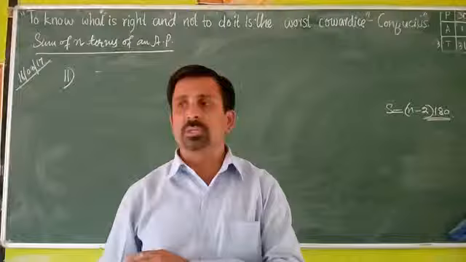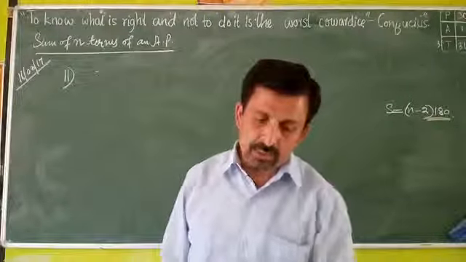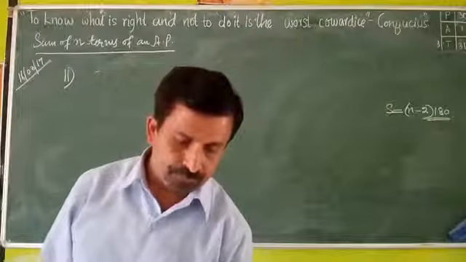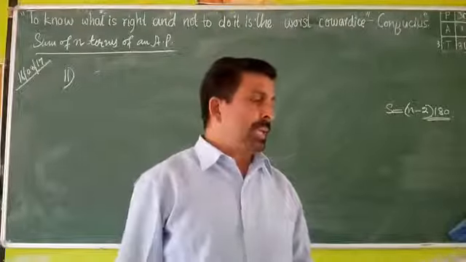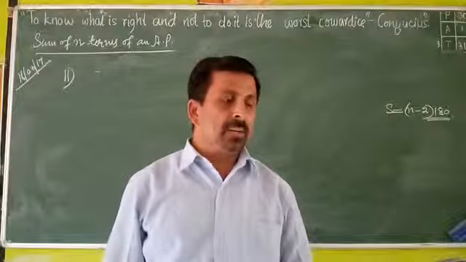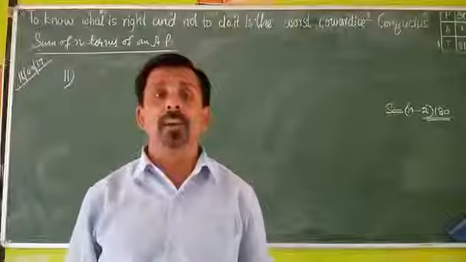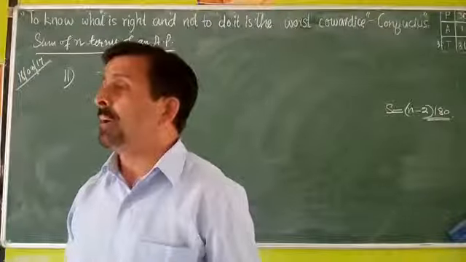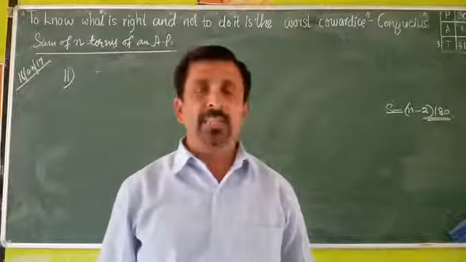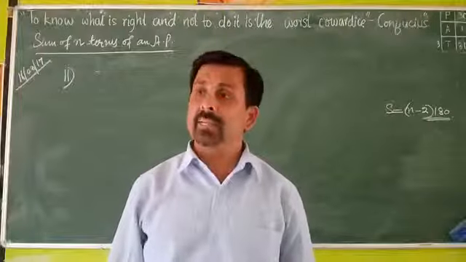I am going to teach you question number 11. Is it alright? Now we are into the question. The interior angles of a polygon are in AP. The smallest angle is 52 degree and the common difference is 8.